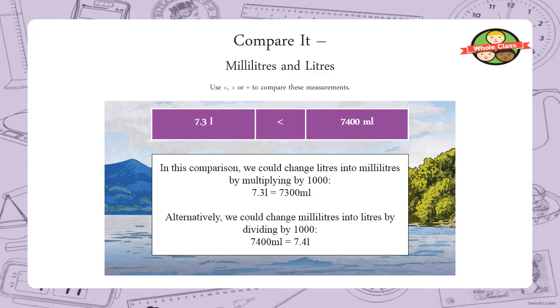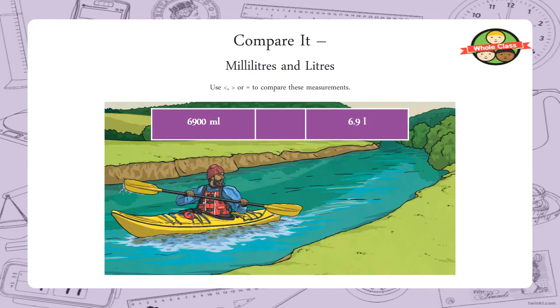So let's compare 7300 or 7400. Which is greater? Excellent, 7400. One more example. 6900 milliliter or 6.9 liter.